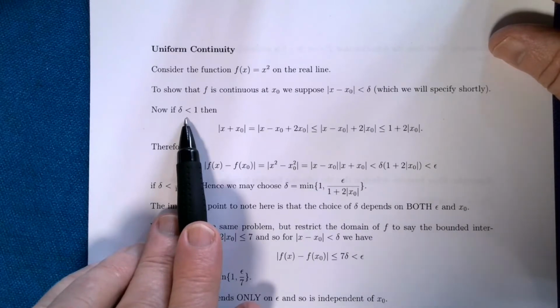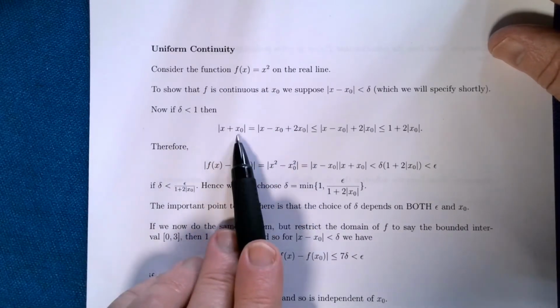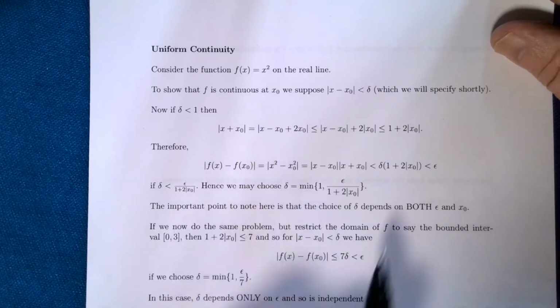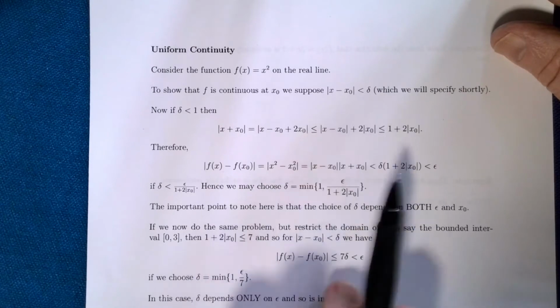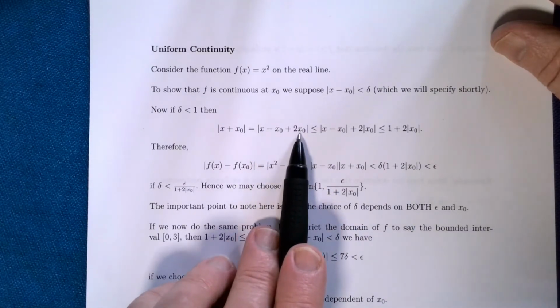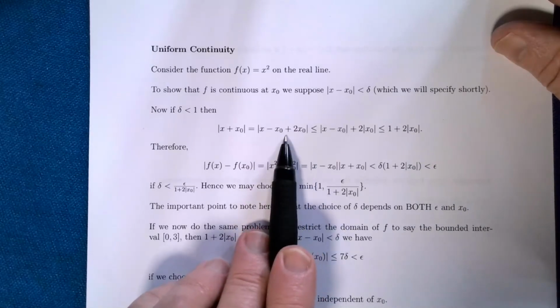Now in that case, I want to look at x plus x naught. We'll see why in a second. To do that, we subtract, because we know something about x minus x naught, so I'm going to subtract off x naught, and then I've got to add 2x naught to make up the difference.